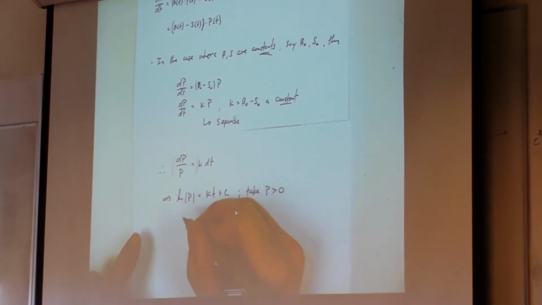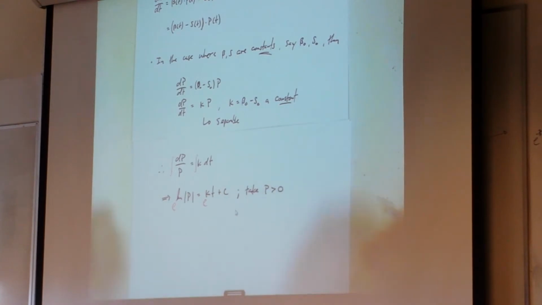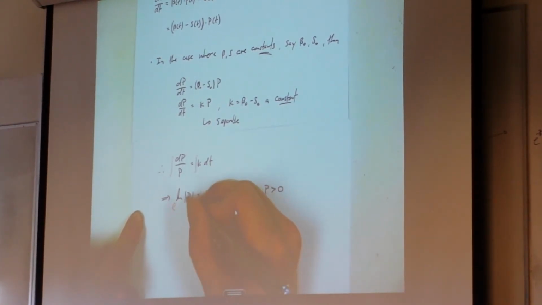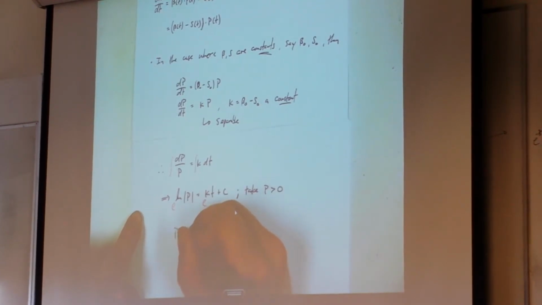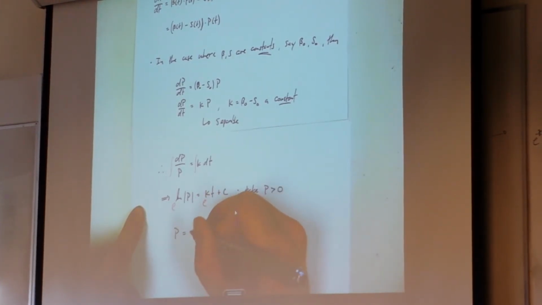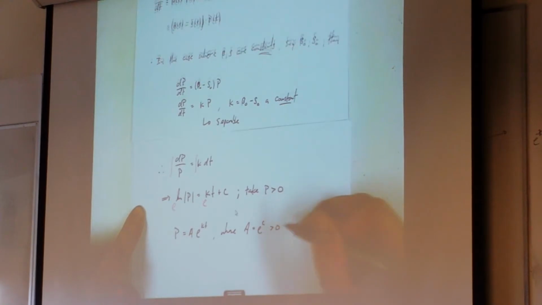So if you apply the exponential function to both sides, and assume P is greater than 0, then I can abandon the absolute values. We get P equals e to the Kt times e to the C, and I'm just going to call that A, where A is a positive constant.